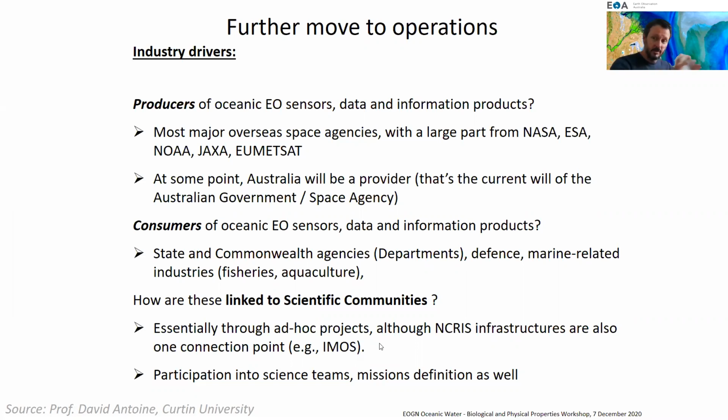So there's a push for us to be able to use that. But then we've got agencies that consume the information, and they have evolving needs as well. So how do we match these two things up, and how do we make sure the best science is used?